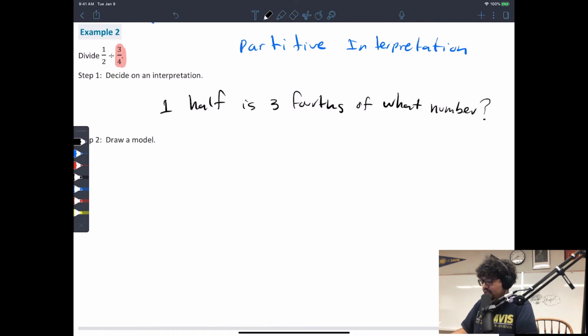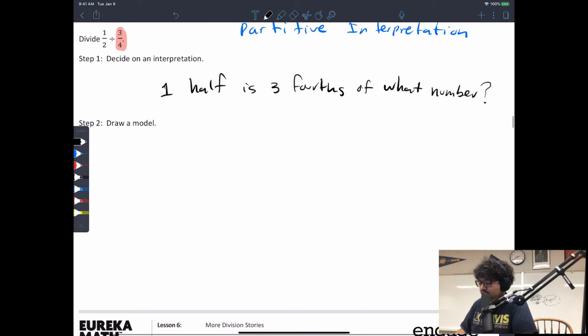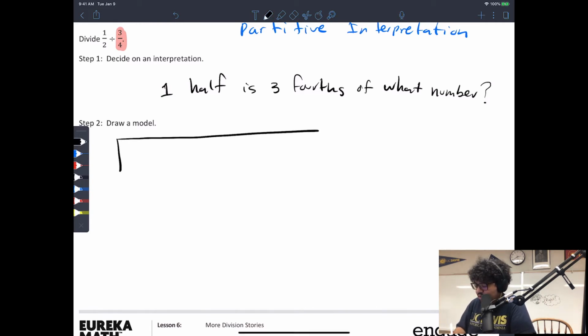Okay, so let's make sense of this question. This is what we're asking. Let's draw the model. Remember, we're going to use the second fraction to base our model. So we're going to draw 4 little boxes, and then shade 3 out of the 4 because it's 3/4. So here's our model.